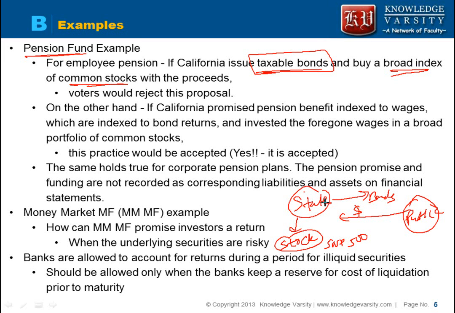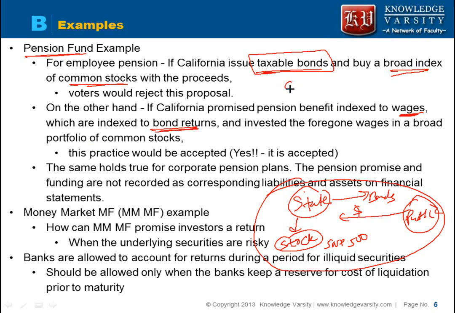Now see the similarity of this step and the pension plan. So in a pension plan, what happens? California will promise pension benefits which are indexed to wages, which are indexed to bond return.